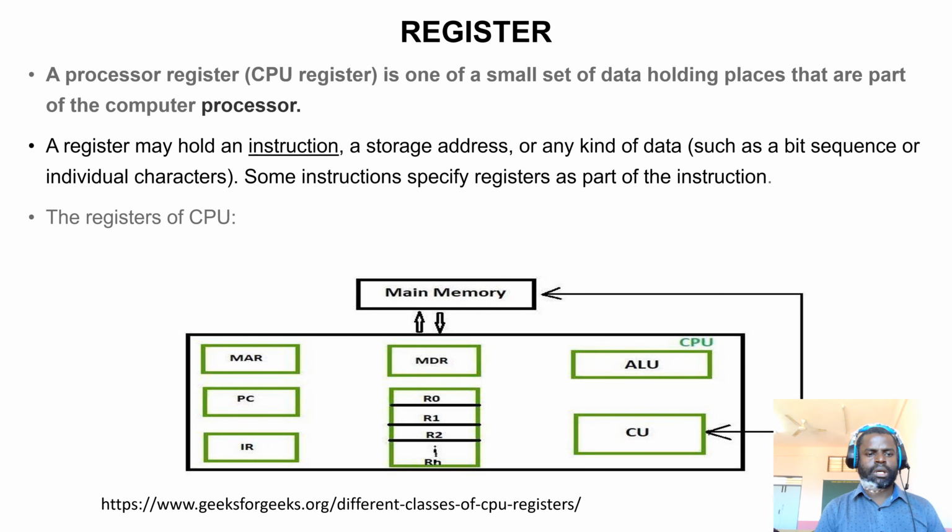Register. A processor register is one of a small set of data holding places that are part of the computer processor. A register may hold an instruction, a storage address, or any kind of data. Some instructions specify registers as part of the instructions.